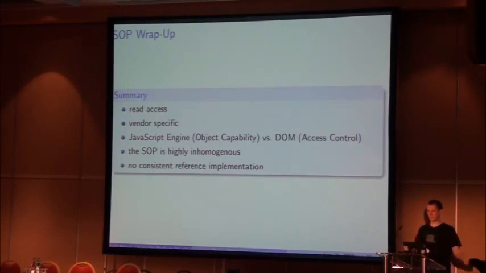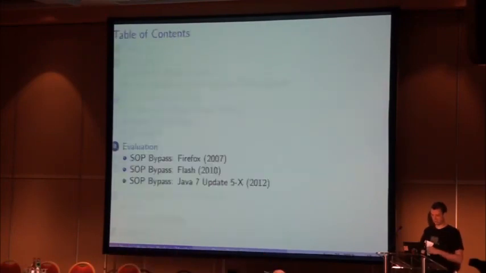We've seen that Internet Explorer is ignoring ports. And then we have this inherent clash between an object capability world and an access control world where things are kind of blacklisted. We've seen there are dozens of exceptions, and there is actually no consistent reference implementation at all. Obviously, everybody's doing their own stuff.